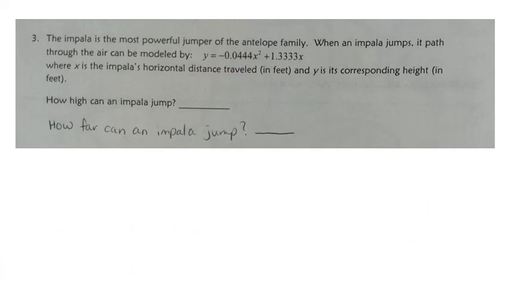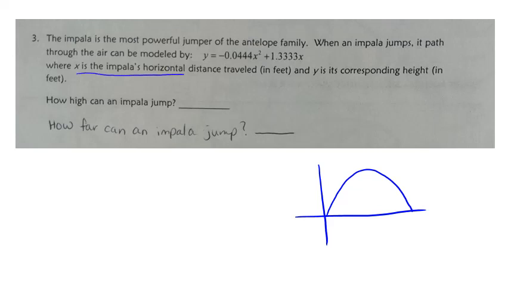Okay, here's another situation where we have an impala that's jumping. So again, we have that negative, facing down parabola, which should make sense in this case. Let's see, we have x is the horizontal distance. So this is your x, and then your y is the height. Okay, what we want to know is how high can the impala jump?